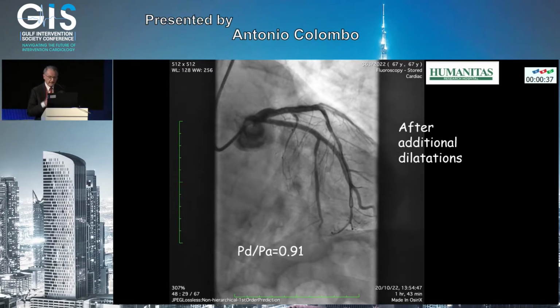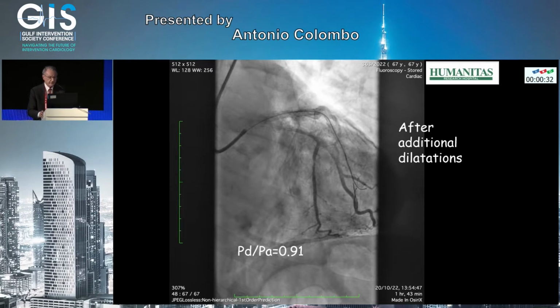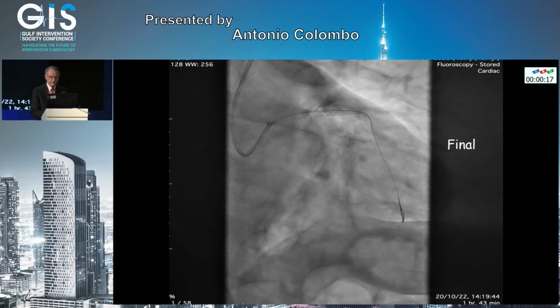So we did additional dilatation, and we got a stable PDPA gradient of 91. This 91 at times went to 92, 93, sometimes 94. So at this point, we did the drug-coated balloons.